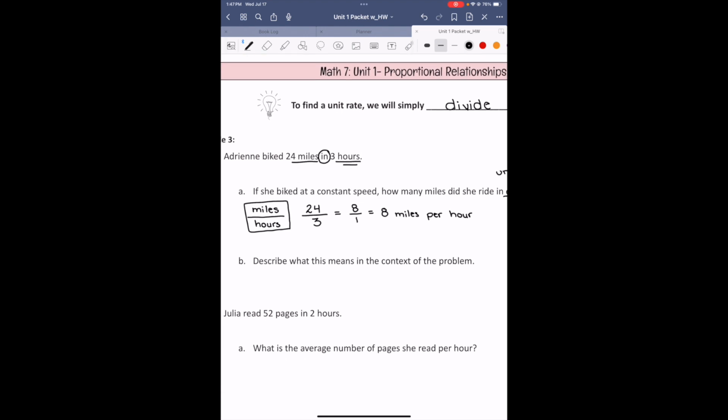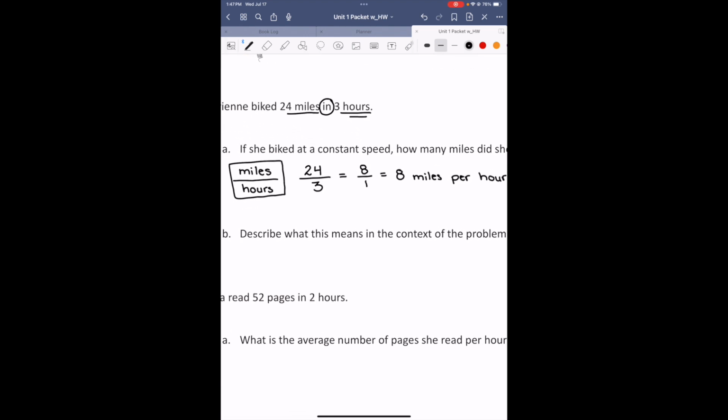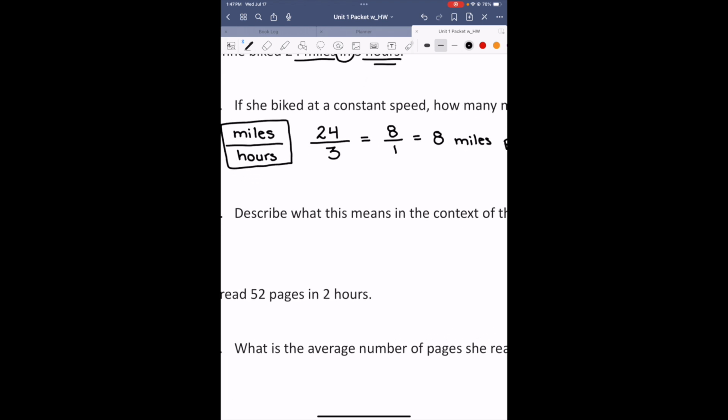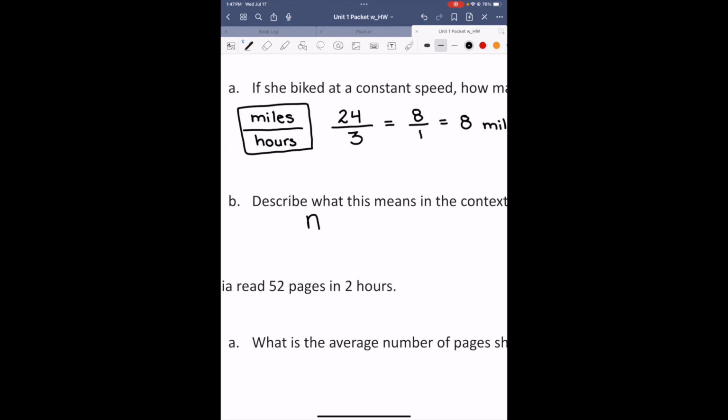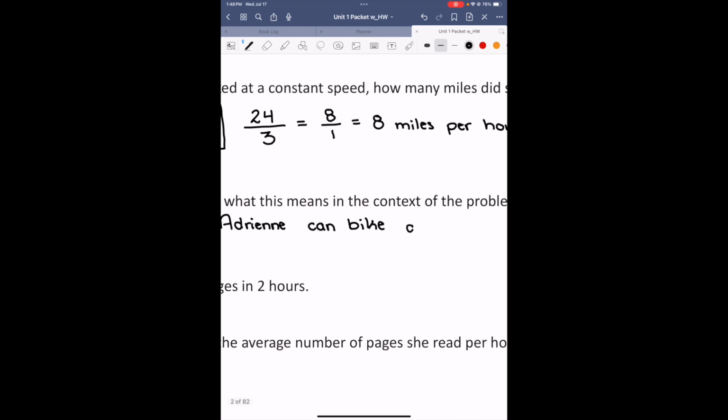The next part says, describe what this means in the context of the problem.